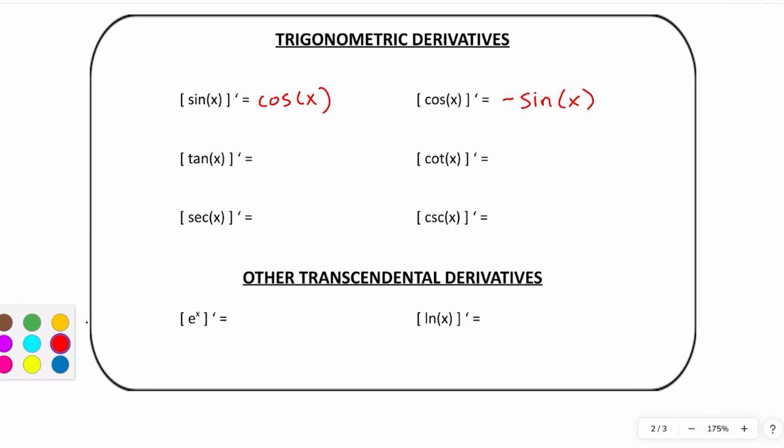And now we've got four more. Derivative of tangent is secant squared. Derivative of cotangent is negative cosecant squared. Derivative of secant, and I think this is another typo in the notes, I got a little copy-paste happy and did not go back and edit it. It's kind of the danger of doing this the first time.